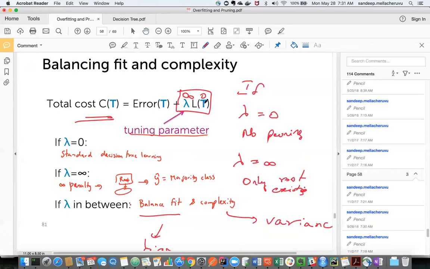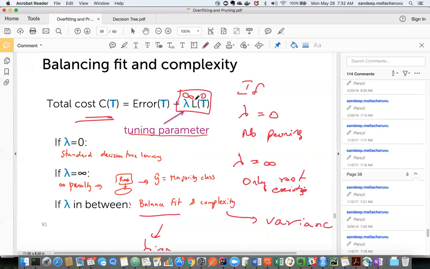If the number of leaves is too much, then the complexity of the model is too much. If the complexity of the tree or any machine learning model is too much, then immediately you can recognize that the variance of the model is too much. Is it clear?